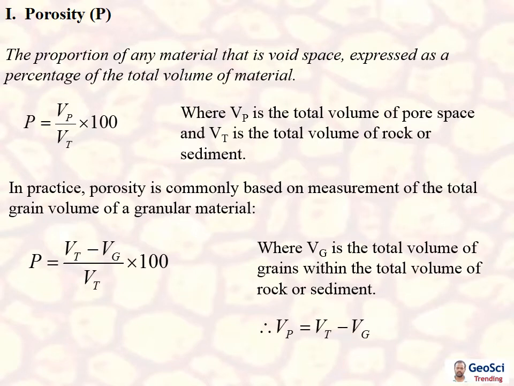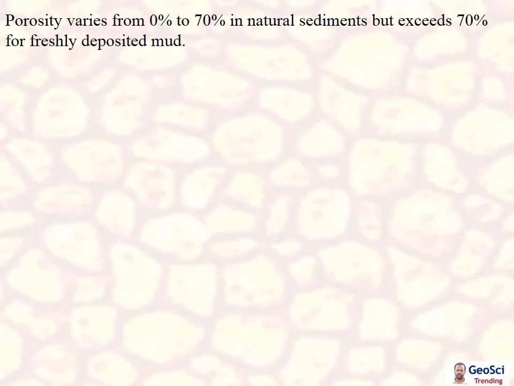Vp equal to Vt minus Vg. The porosity varies from 0% to 70% in natural sediments, but can exceed 70% for freshly deposited muds. In unconsolidated material, clay is 45 to 60%. In consolidated sandstone, 5 to 30% porosity.